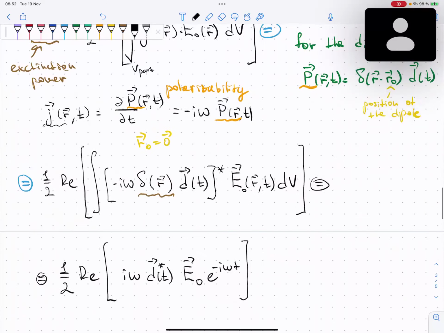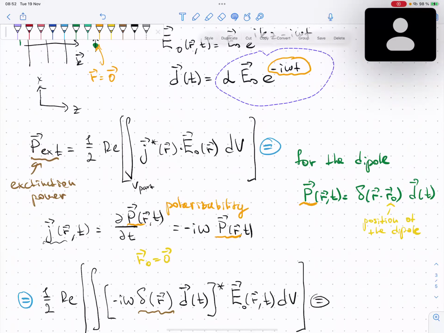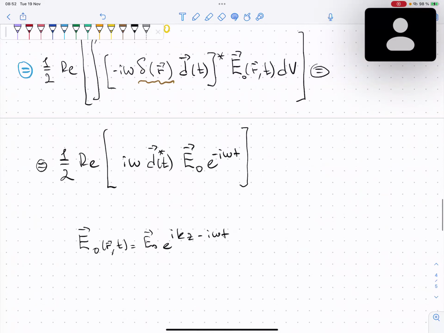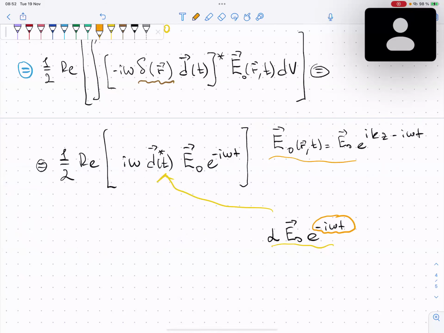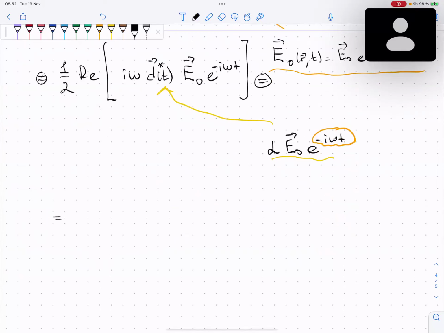We also substitute this expression here, and in the end we have 1/2 real part of i omega alpha conjugated, E0 conjugated, exponent i omega t, multiplied by E0 exponent minus i omega t.